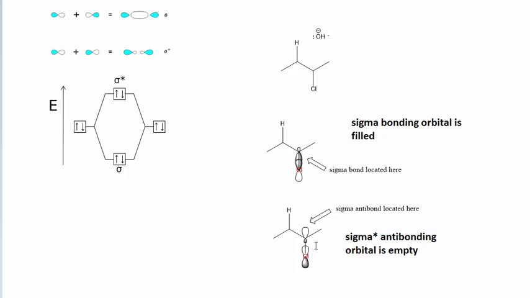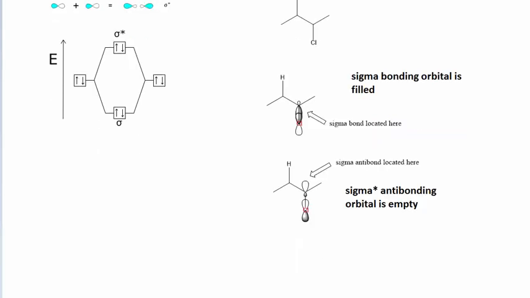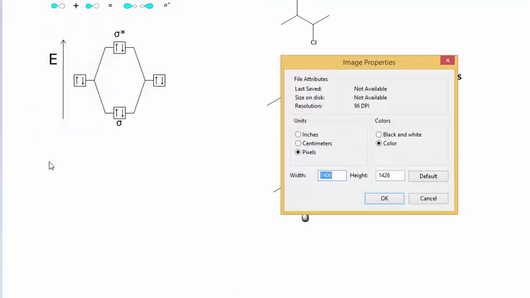And they're located in pretty much the same region in space. You'll see that as the sigma bond is located over here, the lobe of the sigma antibonding orbital is on the back side of the sigma bond. Now, remember, whenever you have a sigma bonding orbital, you have a sigma antibonding orbital. They must exist as a pair. But this is filled and this is empty. Okay, let's look at the ramifications of that.